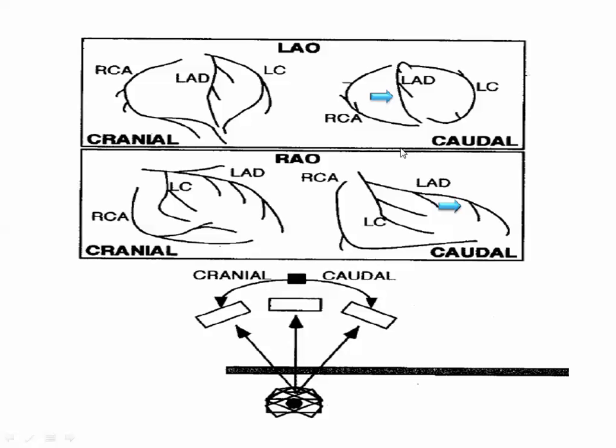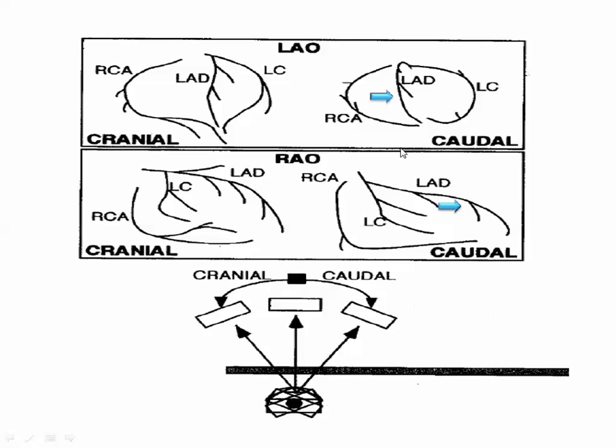So the cranial will give you the anterior vessel more down, while in the caudal you will see the posterior vessel and the spine. So the cranial shows the mid and distal segment and the anterior vessel, while the caudal shows the proximal and the posterior.